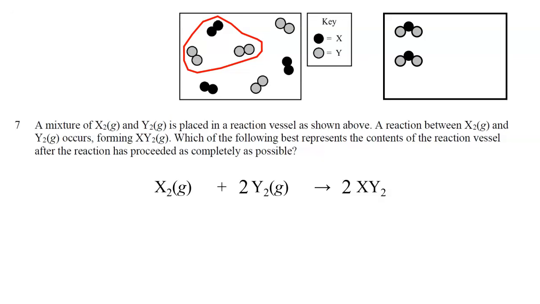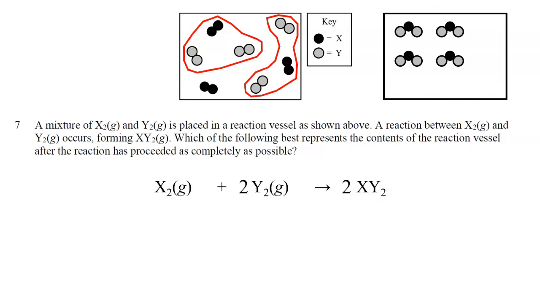I'm going to do that one more time. I'm going to draw a circle around that set of reactants. So 1 molecule of X2 and 2 molecules of Y2. So that set of reactants would produce another 2 molecules of XY2.